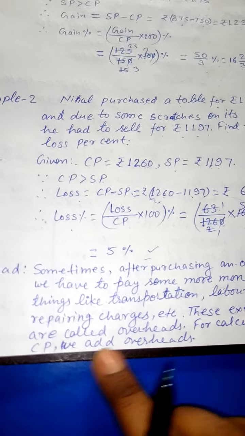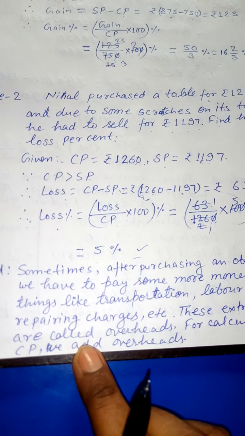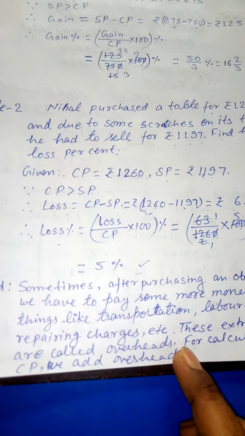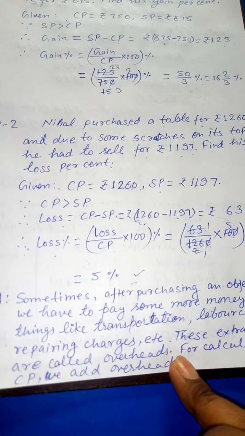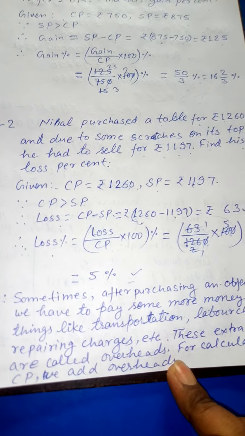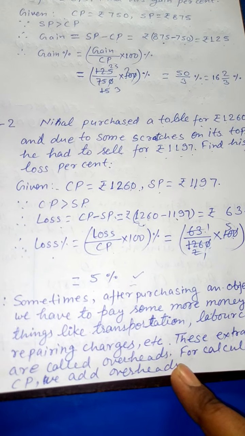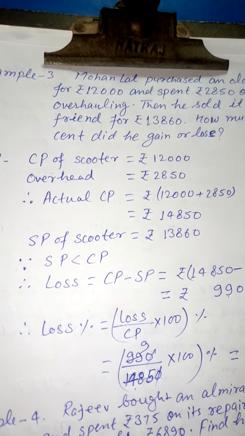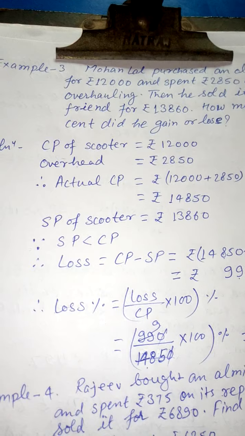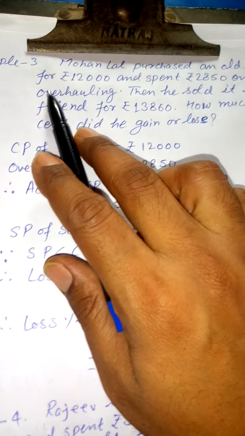For calculating the CP, we add overheads. It means the actual CP must be equal to the cost price of the thing plus the overhead which is included in it. We can understand this overhead by this example.